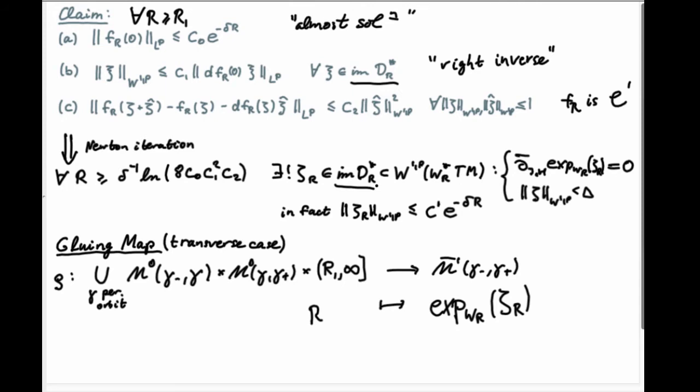Right? So that doesn't just depend on R. If I look at the whole set of connecting trajectories or broken trajectories here, I might have different pairs U minus and U plus. Right, so they give me different pre-glued maps.